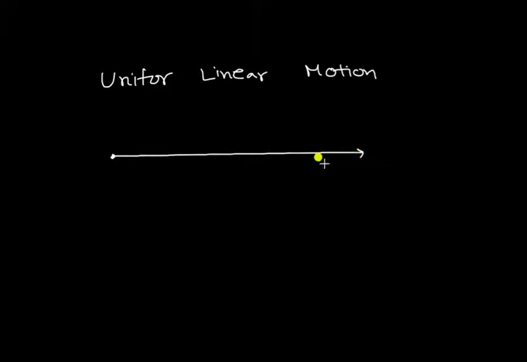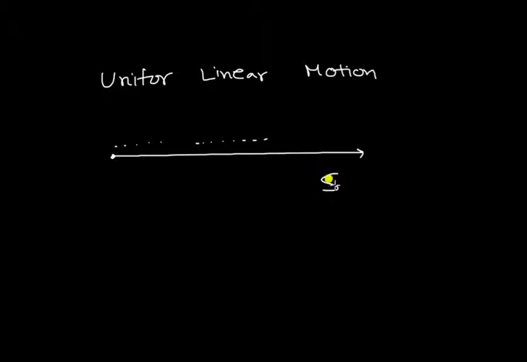Now what about uniform linear motion? Uniform linear motion, that means this direction. Here we can see that the direction or the displacement and the distance are in the same direction.